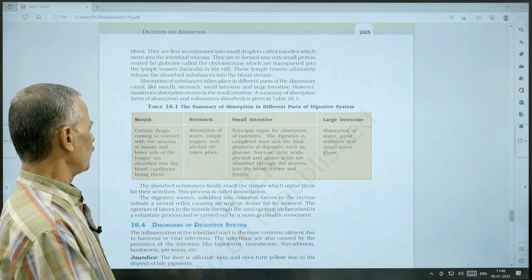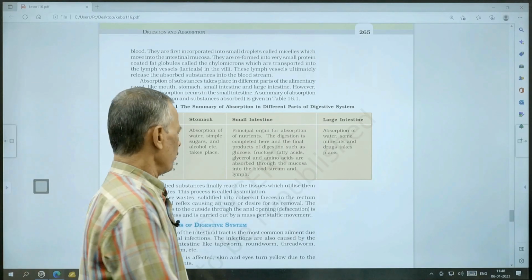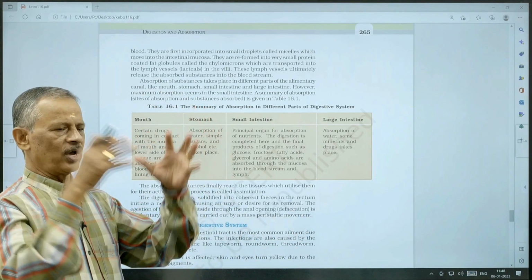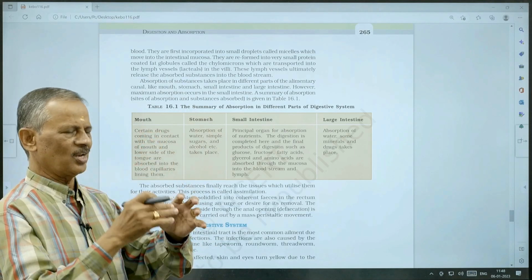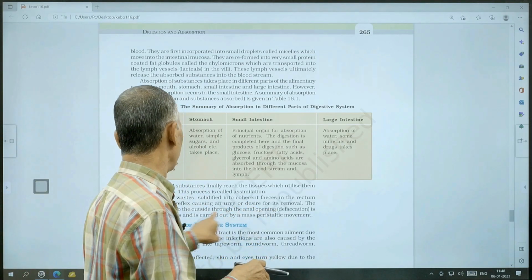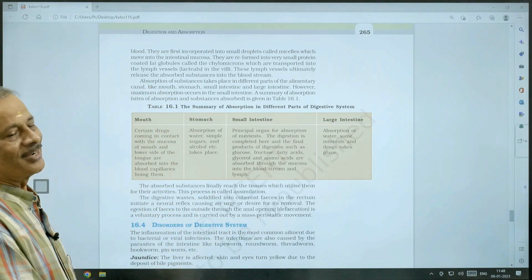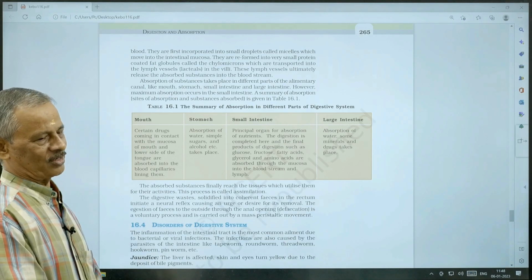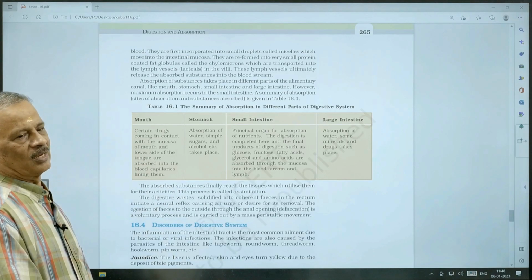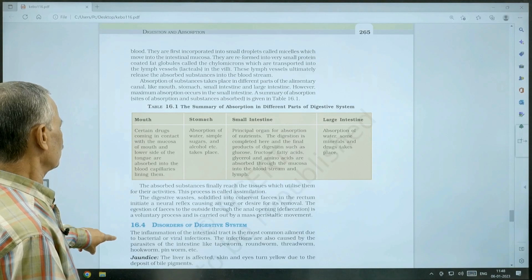This is called defecation and it is a voluntary process. Why? Because we are voluntarily pressing and sending out the feces from the rectum. We learn how to control defecation. Babies cannot, but as they grow, they become conditioned and it becomes a voluntary process.